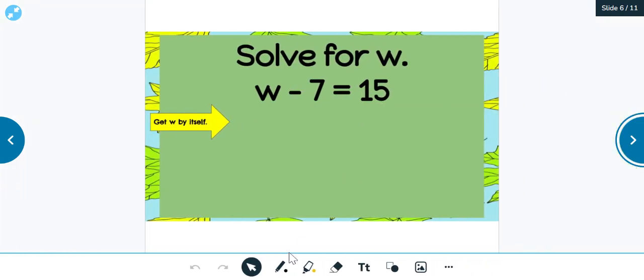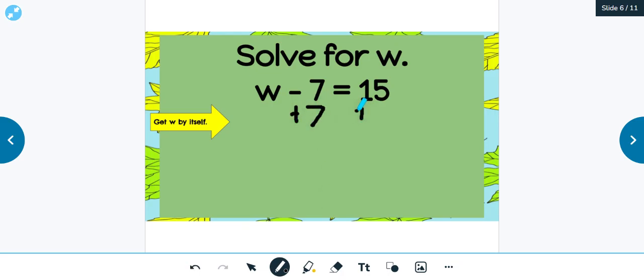I'm going pretty quickly, but you can always pause these videos, rewind, and watch again to make sure you know how to solve these using the correct steps. This time we're solving for w. We're using inverse operations to solve and isolate the variable. I see minus 7, so I'm going to use the inverse of minus 7, which is to add 7.